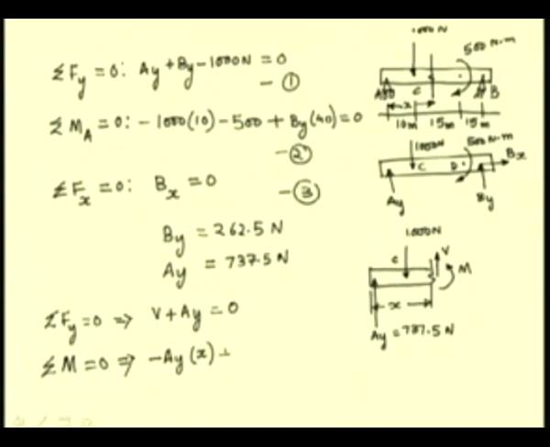So, we have plus 1000 times the moment arm, which will be x minus 10 meters, because this force of 1000 Newton is being applied at 10 meters from this end A. So, we have the moment arm as x minus 10, and we have this moment M, which is a positive moment.